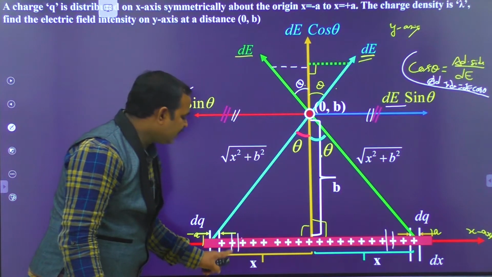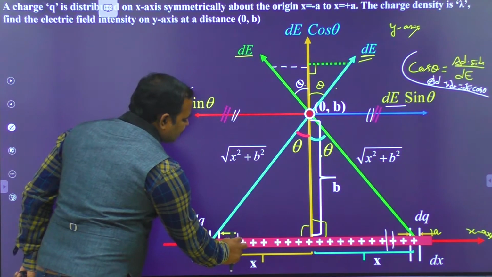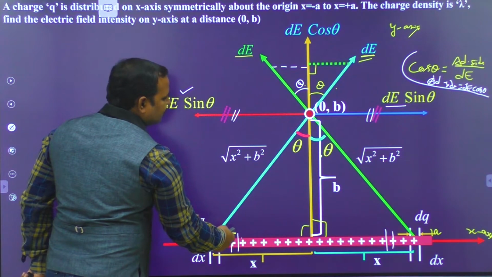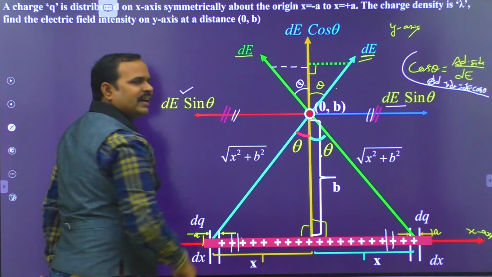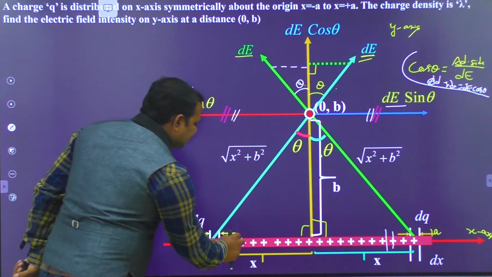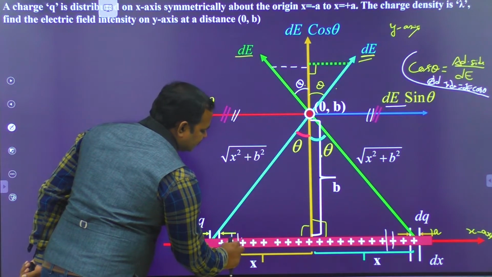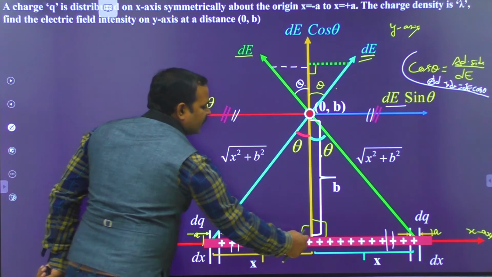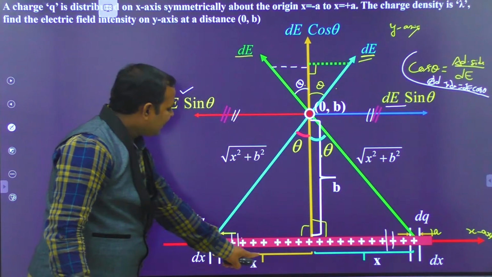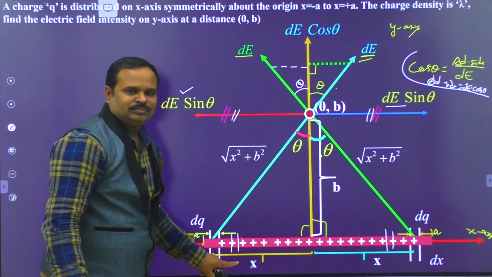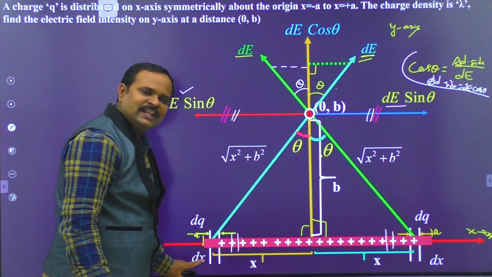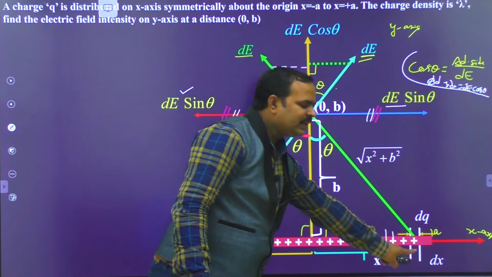If you take the electric field from this charge, again the horizontal components will be cancelled and only the vertical component remains. Similarly, you can extend this dq over a small distance dx in this direction and also in this direction. That means x is a variable. It varies until minus a in this direction, and until plus a here.